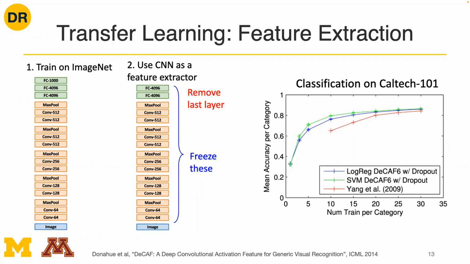Before deep learning, you had two stages: a feature extraction followed by a linear classifier. And then when deep learning came into the picture, we said, let's do it end to end. So here we are going back to the first phase, where we use the CNN to give us features, and then we train, let's say, an SVM or logistic regression to actually do the classification on this new dataset.